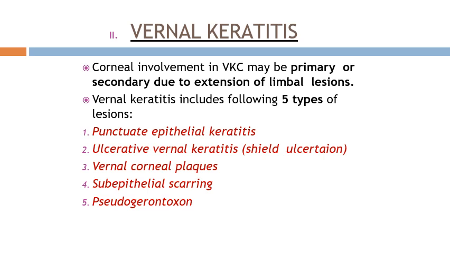In that again we have five types: punctate epithelial keratitis, ulcerative vernal keratitis, that is shield ulceration, vernal corneal plaques, subepithelial scarring, and pseudogerontoxon.